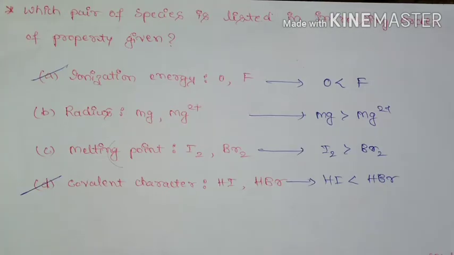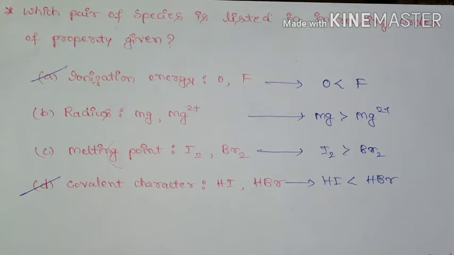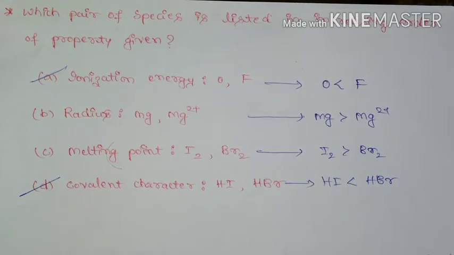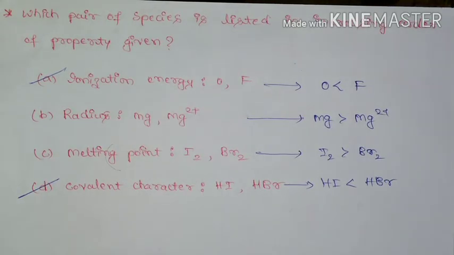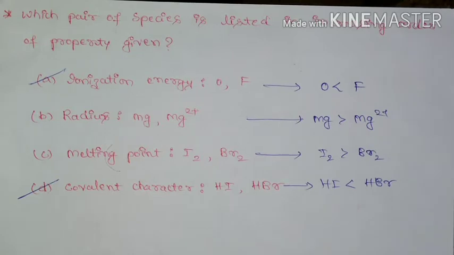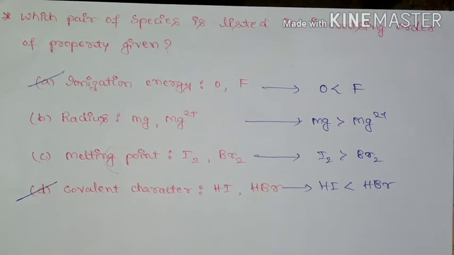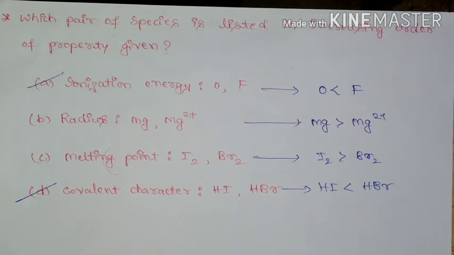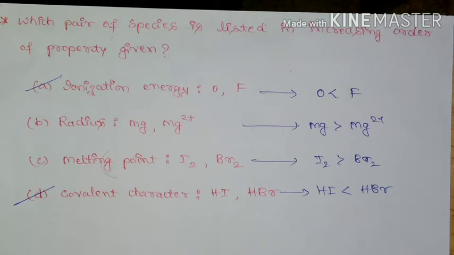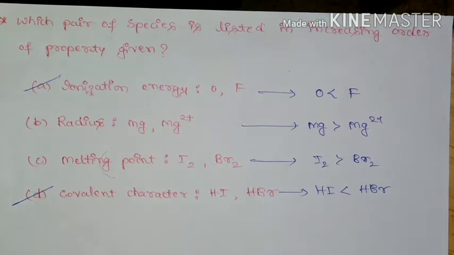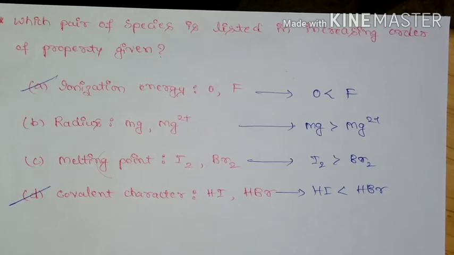Next question, which pair of species is listed in increasing order of property given? So here they are given 4 properties. So we need to identify increasing order of property. Which pair will be in increasing order of property? If you look at ionization energy, oxygen is having lesser ionization energy compared to fluorine. And if you come to radius, magnesium atom is having greater radius than magnesium 2 plus.